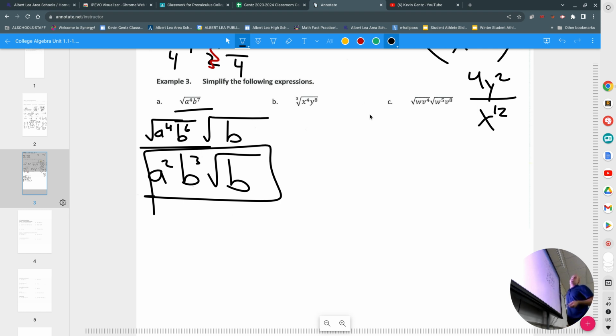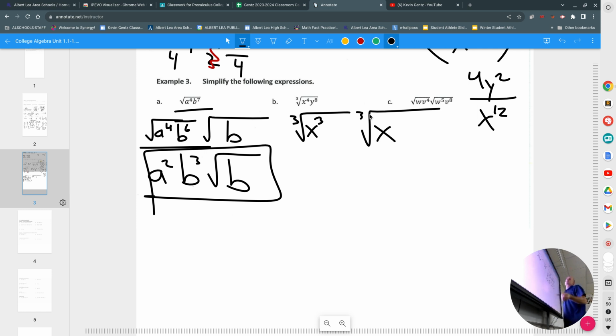Next one, in this situation, I have a cube root. So we're going to separate into 2 cube root pieces. Is x to the fourth a perfect cube? Nope, so I reduce it by 1. Is x cubed a perfect cube? Yeah, so I got x cubed. What am I missing over here?